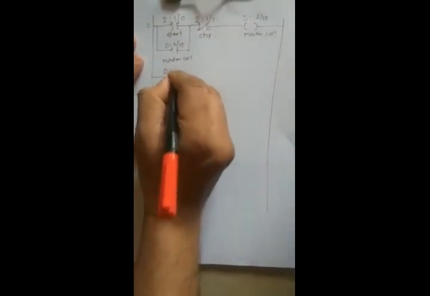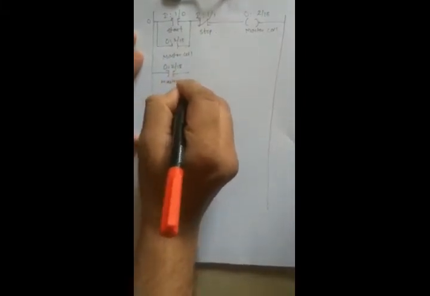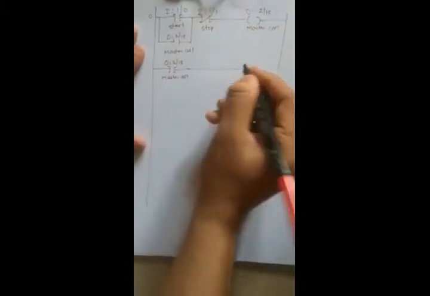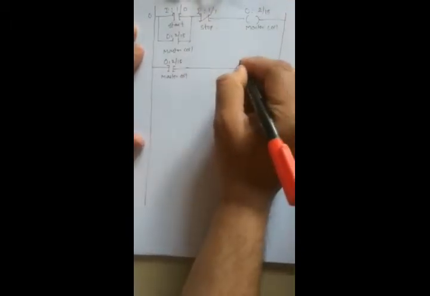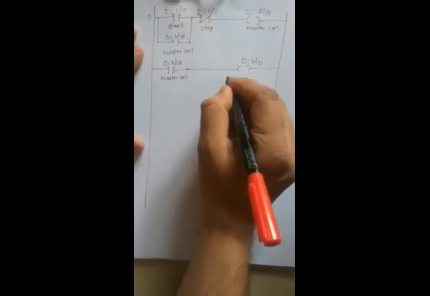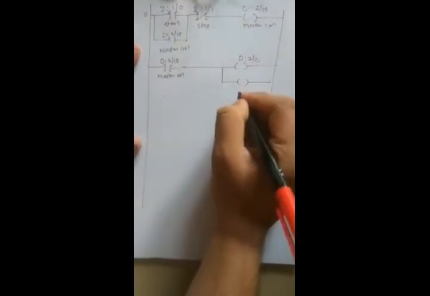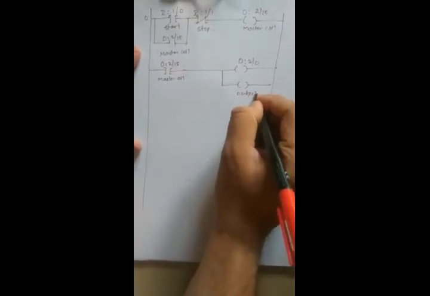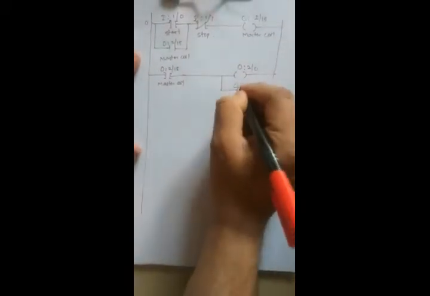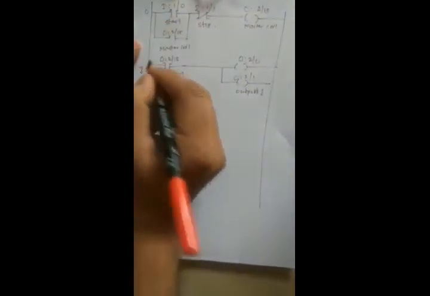So you have to take one master coil contact over here. Then connect it directly to output 0 and output 1. For output 0 we took the address O:2/0, and in parallel to that we are connecting output 1, O:2/1.